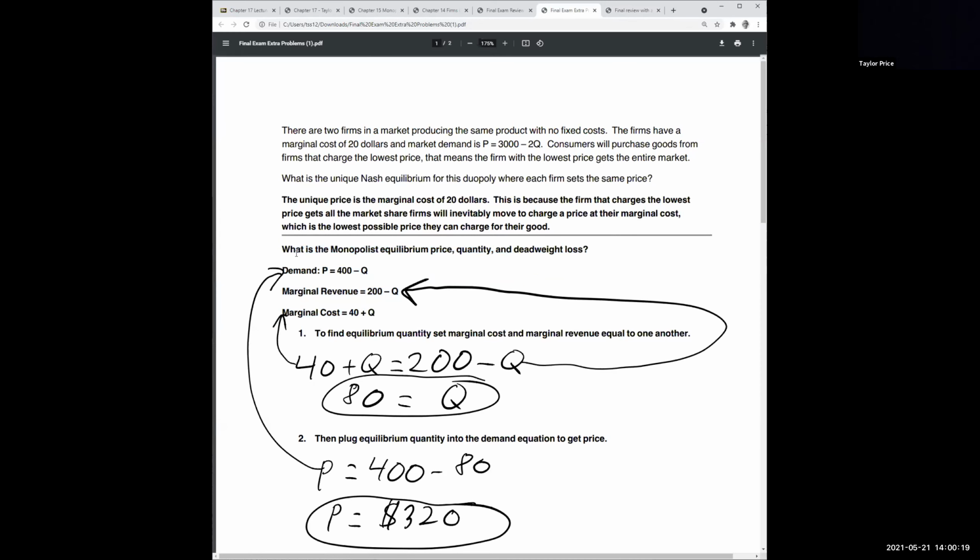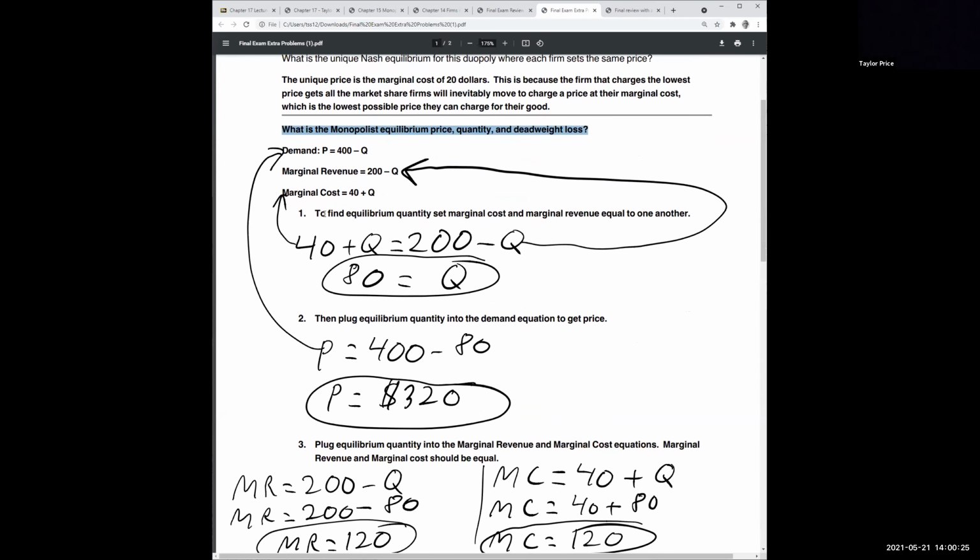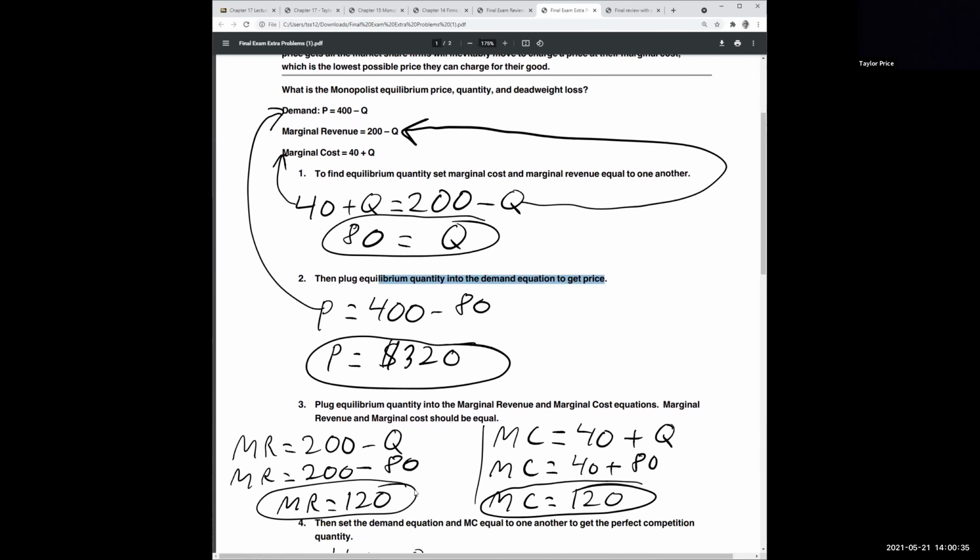So for this one, you're just following that same process where you are finding the equilibrium quantity, then the equilibrium price, and then you need to determine where the marginal cost and marginal revenue are going to be.